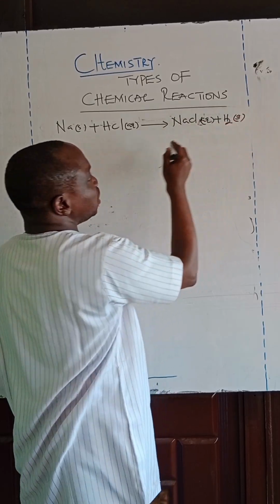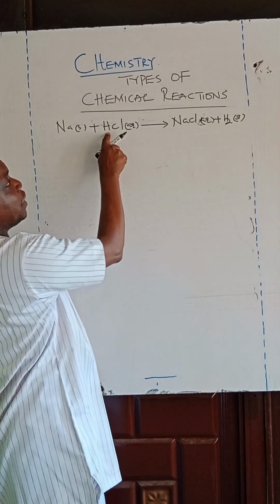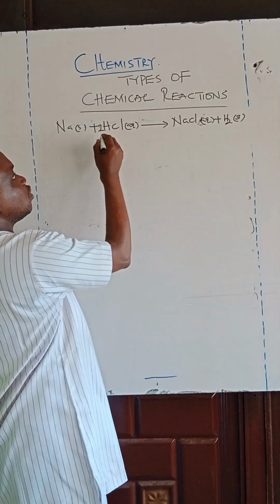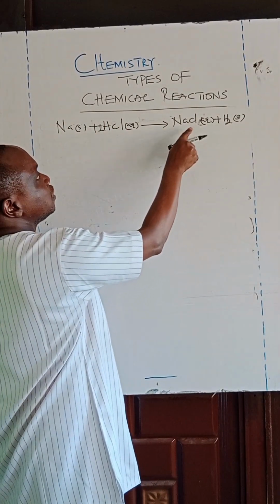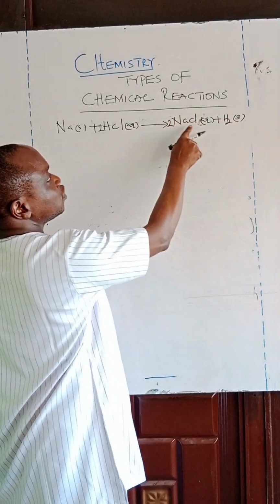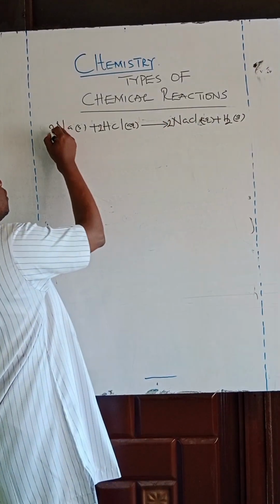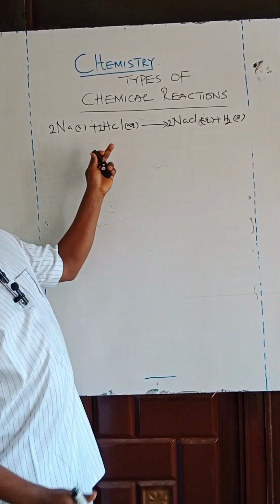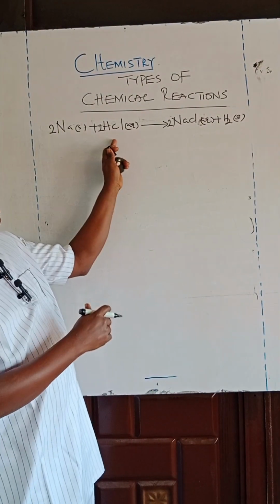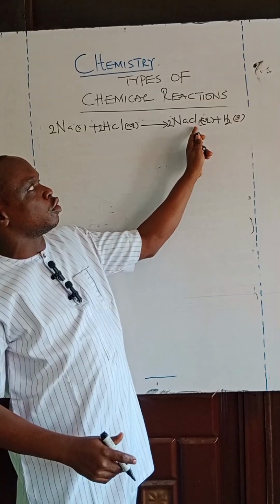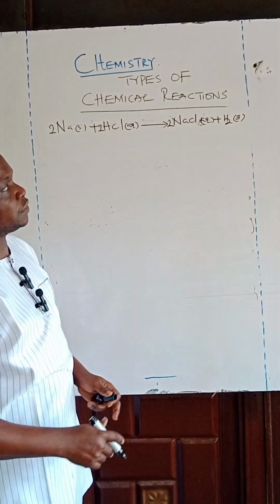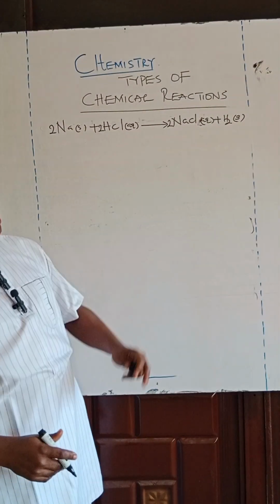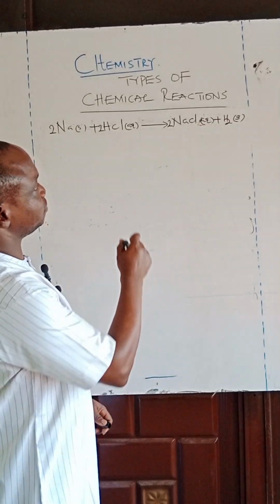You can balance the equation. Hydrogen is 2, you can put 2 here, equation is balanced. Chlorine is 2 here. Sodium is 2, you can put 2, equation is balanced. Sodium and dilute HCl are the reactants here, while the products are sodium chloride and hydrogen gas. So this is known as a chemical reaction.